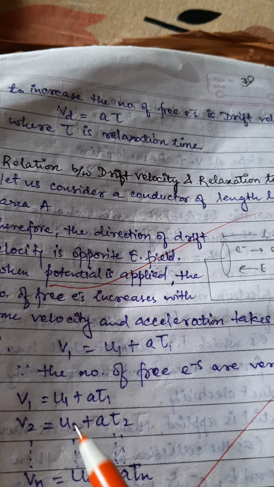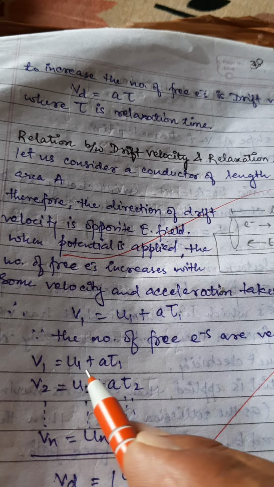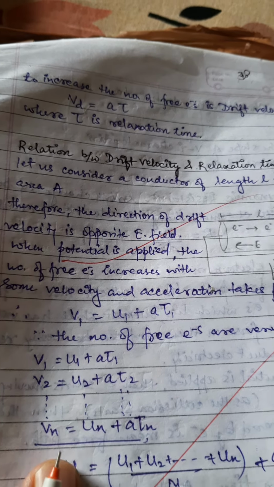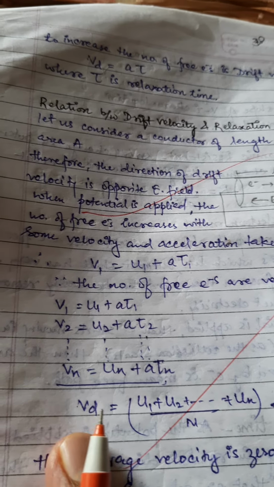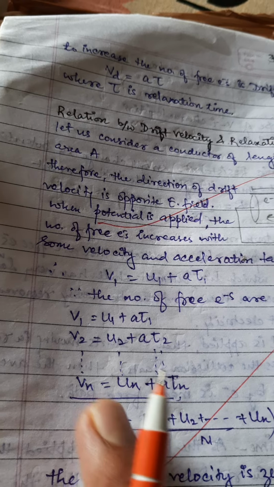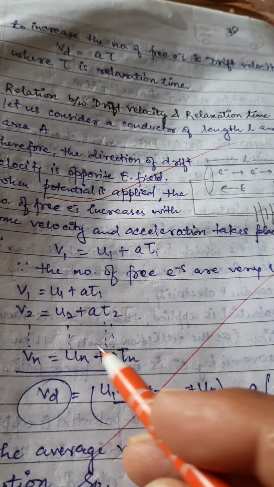Similarly, there are n number of free electrons. So in the same sequence, v1 is equal to u1 plus a tau 1, v2 is equal to u2 plus a tau 2, and so on for n electrons, and finally we find the average value. (v1 + v2 + v3 + ... + vn) upon n becomes the drift velocity as per definition.